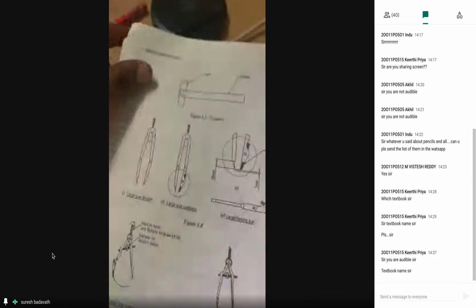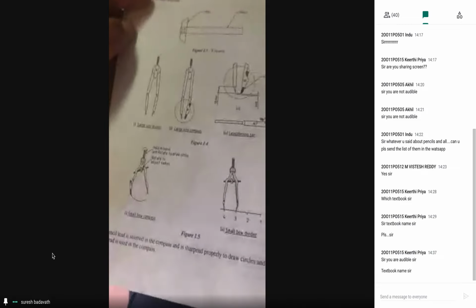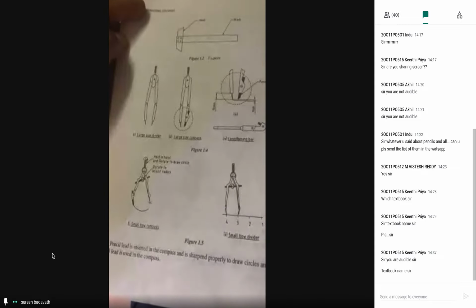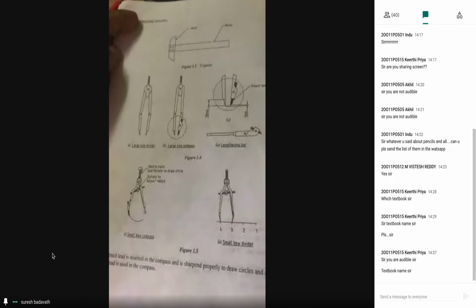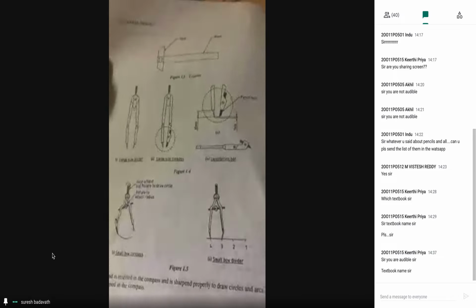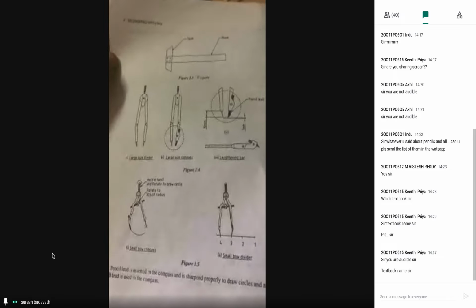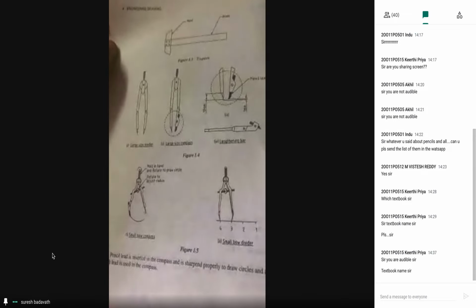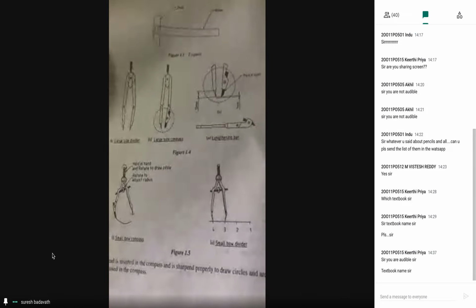These are different protractors and compasses used as drawing instruments. Okay, see, this is a mini drafter.